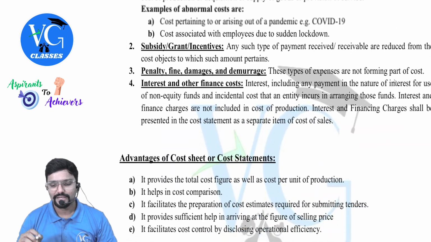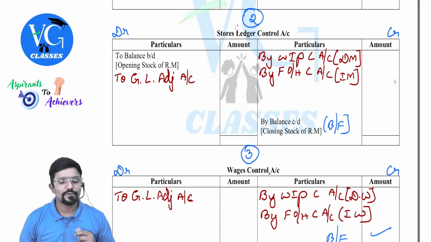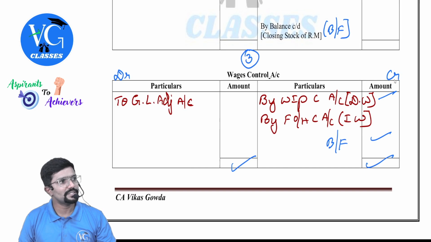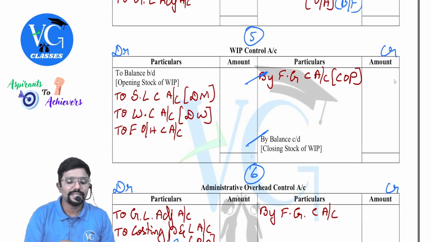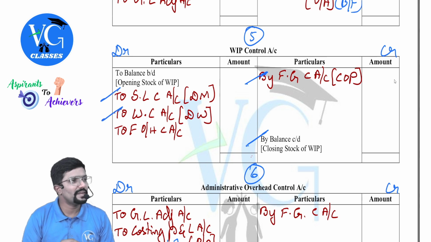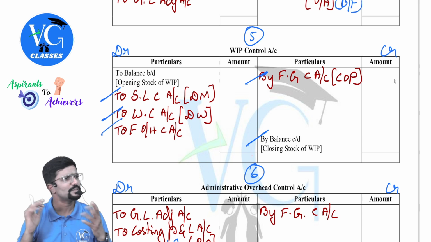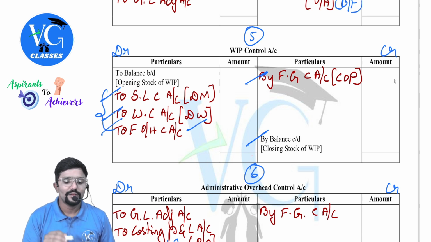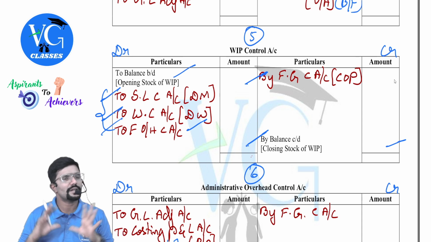So now coming back again, guys. Let me explain. Listen. From the stores ledger, direct material is transferred, and direct wages are transferred. In the WIP control account, all direct costs are here. Yes, direct material, direct wages, plus any direct expenses, I will record here. Assume other direct expenses. We have got prime cost, plus factory overhead absorbed, plus opening WIP minus closing WIP, which will give us factory cost or COP.